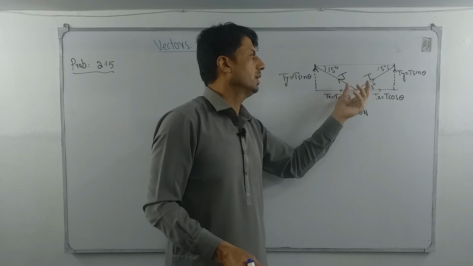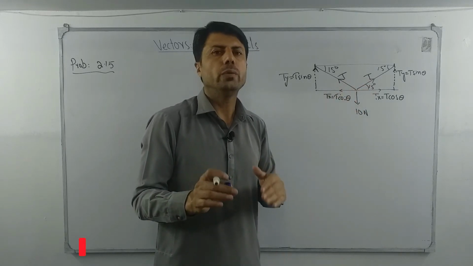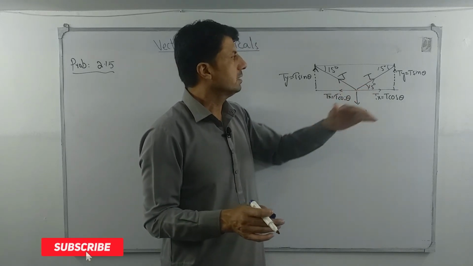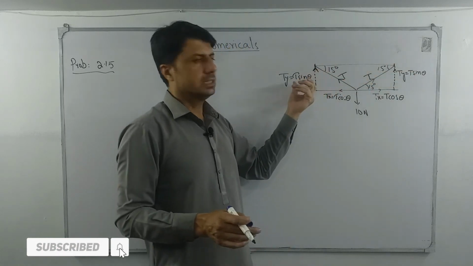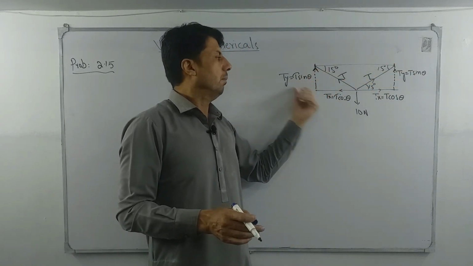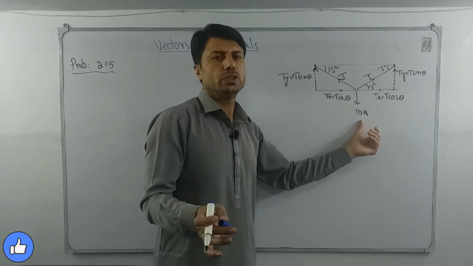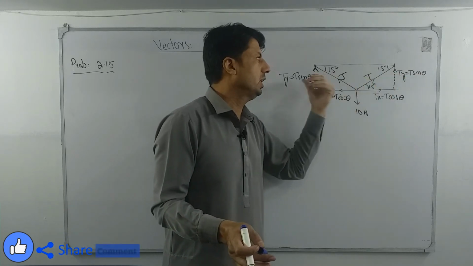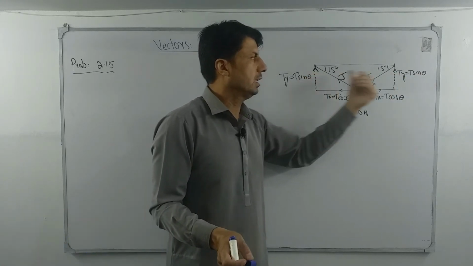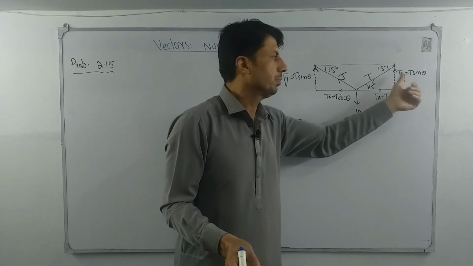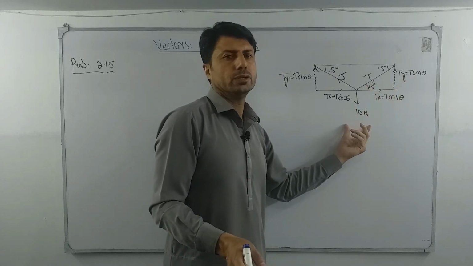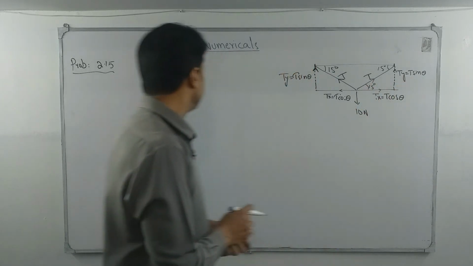This distorted line in this position is now in equilibrium. It means that T sine theta plus T sine theta minus 10 Newton is equal to 0. So 2T sine theta is equal to 10 Newton.